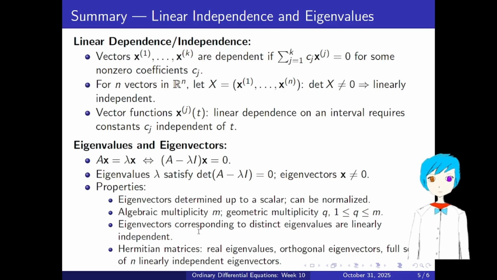Eigenvectors corresponding to distinct eigenvalues are linearly independent. A Hermitian matrix, which means A equals the conjugate of A transpose, always has real eigenvalues, and its eigenvectors are orthogonal to each other. If it is an n by n matrix, then it always has n linearly independent eigenvectors.